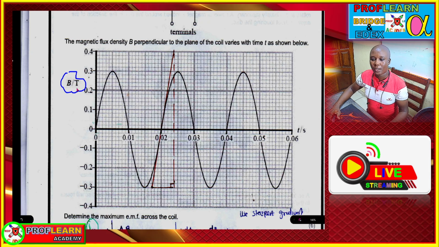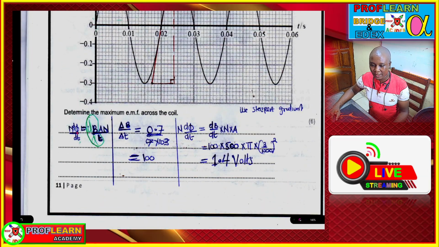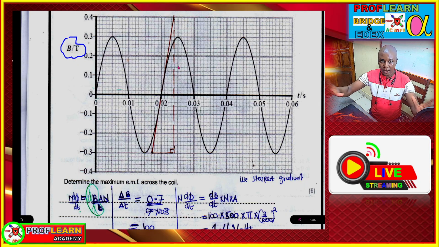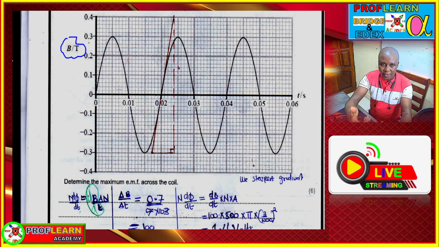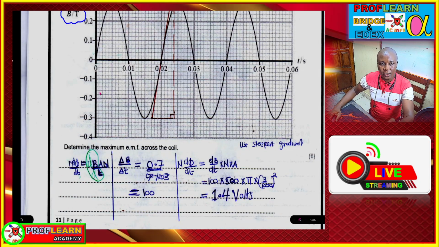From this particular graph, what we only need here is the rate of change of magnetic flux. We multiply it by the area and by the number of turns, which gives the rate of change of magnetic flux linkage.